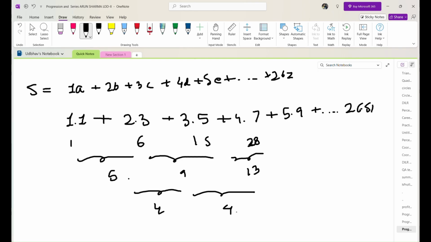Here it is the AP. So we are getting the AP after the difference.